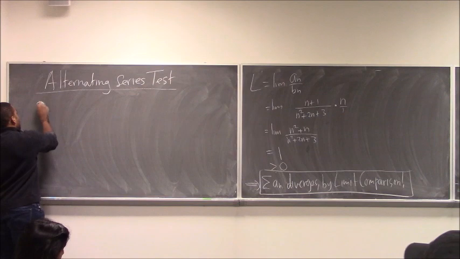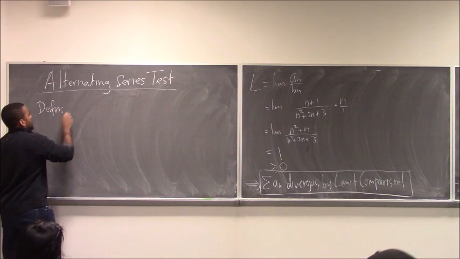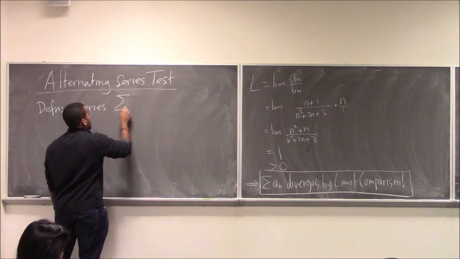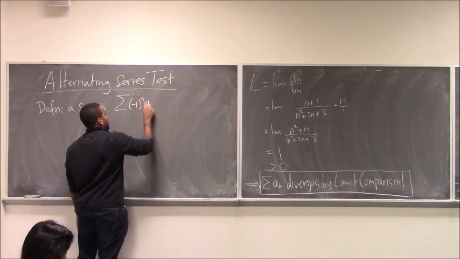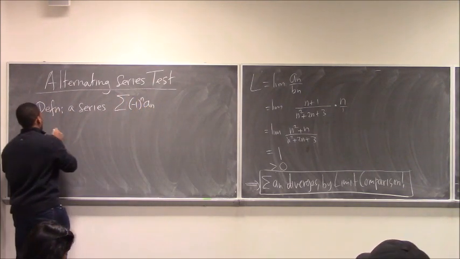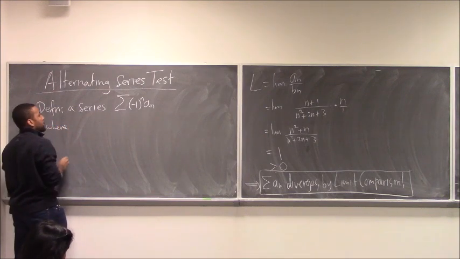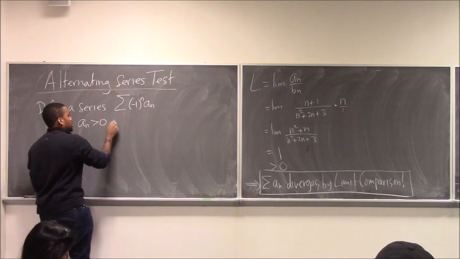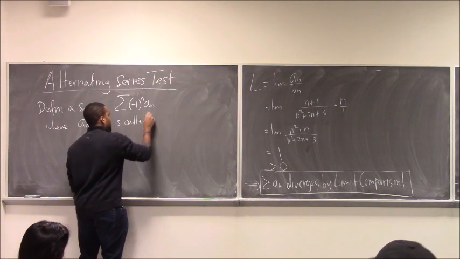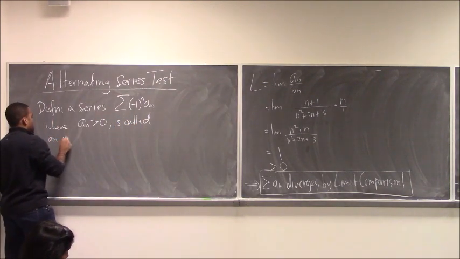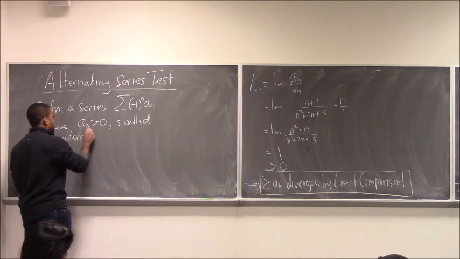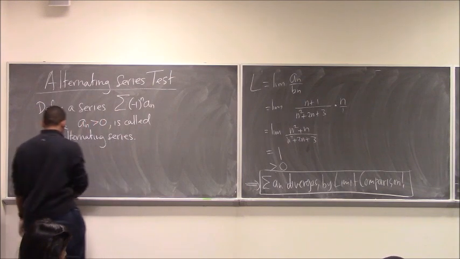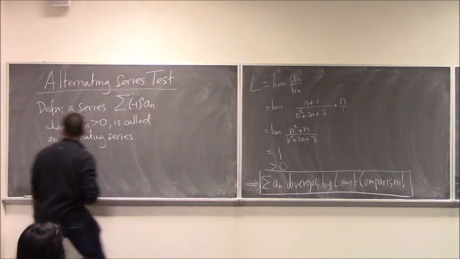So a series that looks like this, minus 1 to the n a sub n, where all the a n are positive, is called an alternating series. It is so called because the signs will alternate.